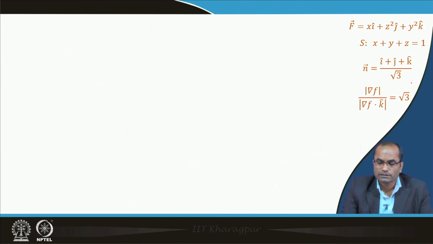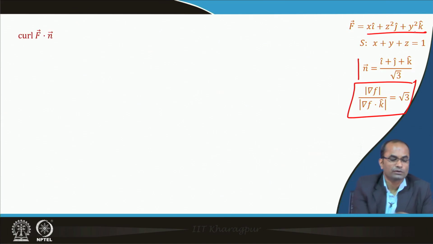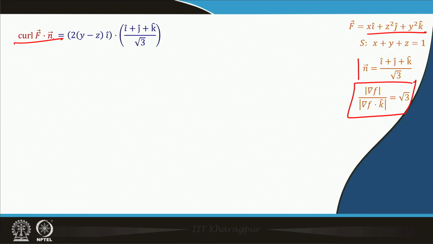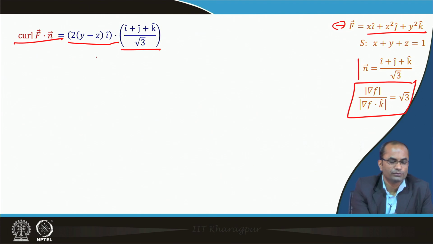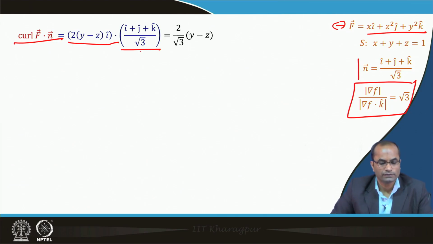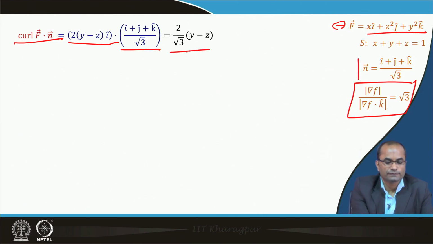Okay, so we have all these ready for the surface integral. We need the normal vector, and we have the F there. So, curl F dot n needs to be computed. The curl F we can compute; we are not going to compute it now here, but that will be 2 times y minus z i, dot product with this unit normal vector, and that is coming only because of this i component.